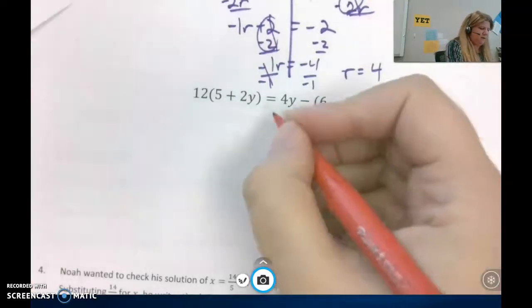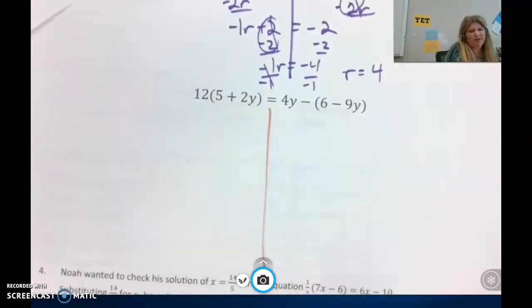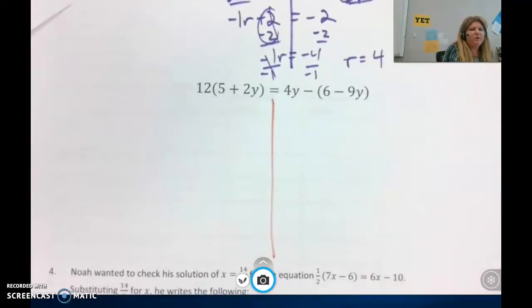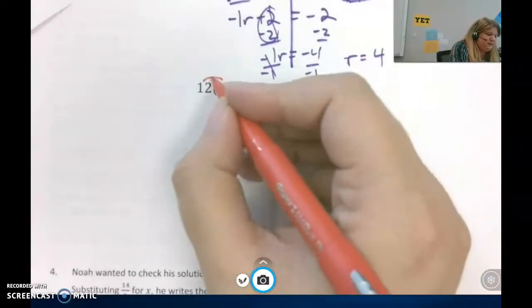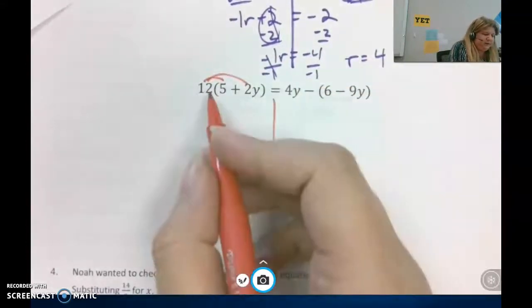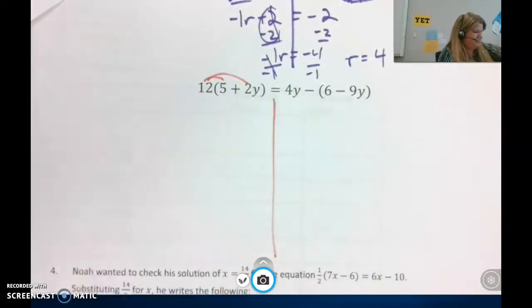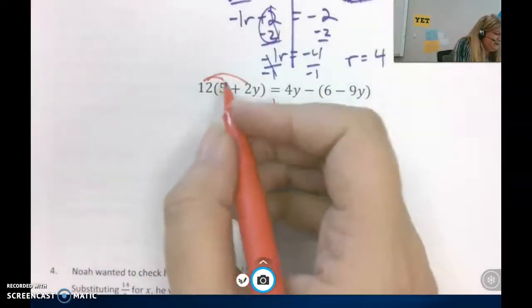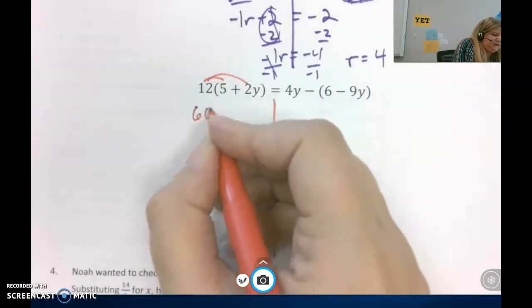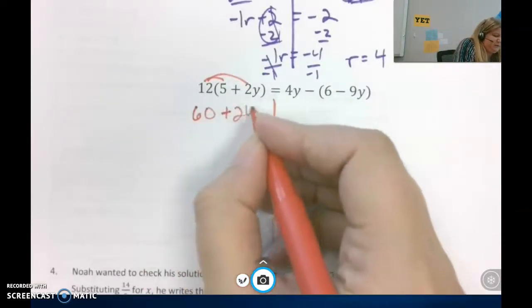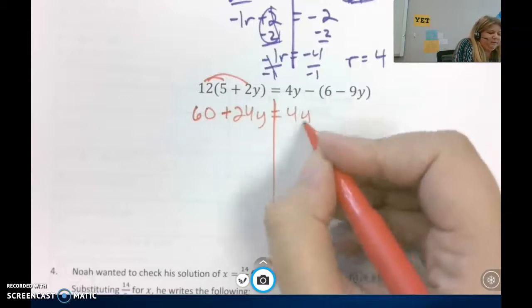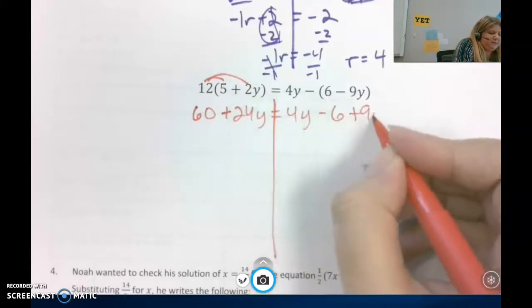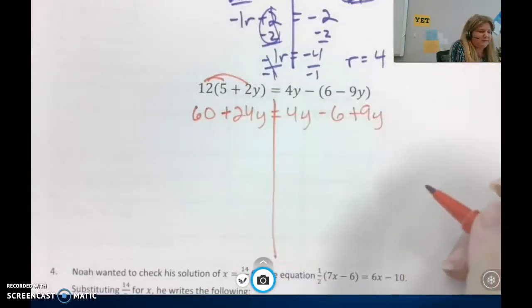I'm thinking on this next one, do I want to divide each side by 12, or do I just want to distribute? And this time I think I want to distribute. This looks very familiar. Is this Claire's question? This is very similar to Claire's question, but it is not her question. So 12 times 5 is 60, plus 24y, 4y minus 6 plus 9y. We're not going to make that mistake.